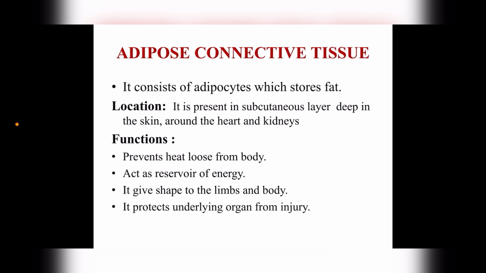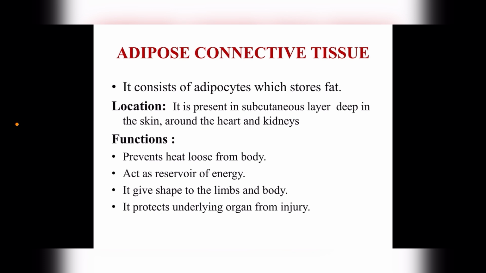Next, adipose connective tissue. It is made up of a cell called adipocyte, which stores fat, and it is located in the subcutaneous layer deep in the skin, and also present around the heart and kidneys.